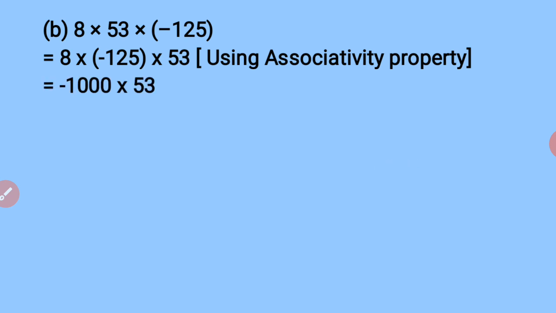That multiplication won't take much time because it is having lot of zeros in it. Here the multiplication gives you minus 1000. And that 53 is written as it is with a multiplication sign. Now tell me what the answer is. Do you need to multiply them? It's actually oral. 53 ones are 53 followed by 3 zeros and a negative sign, and quickly you get the answer.